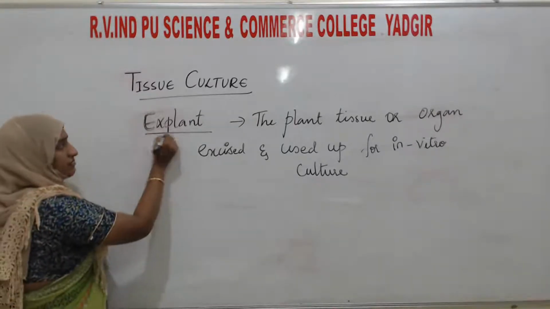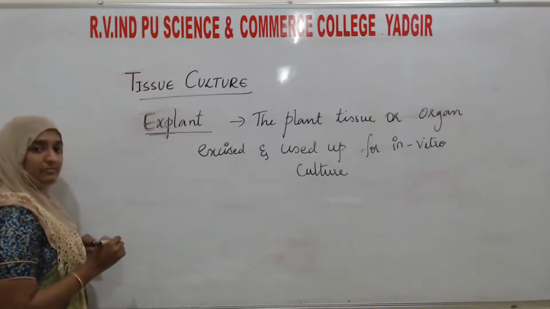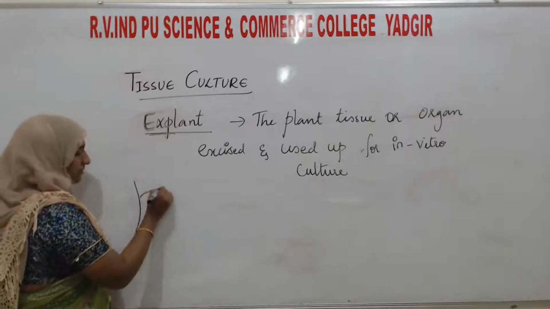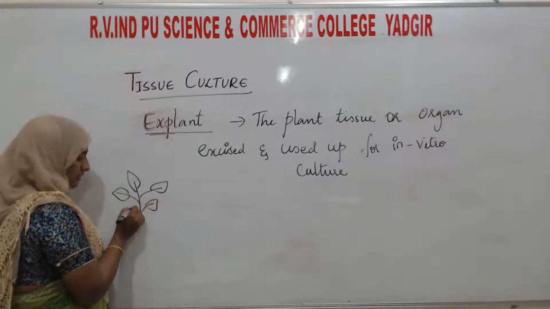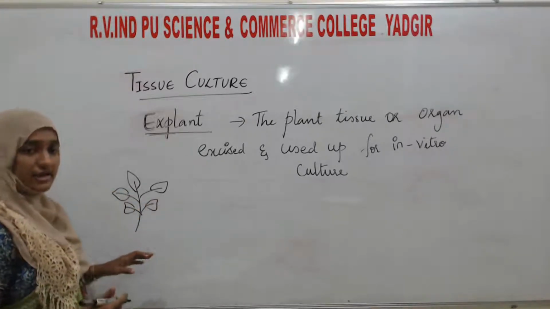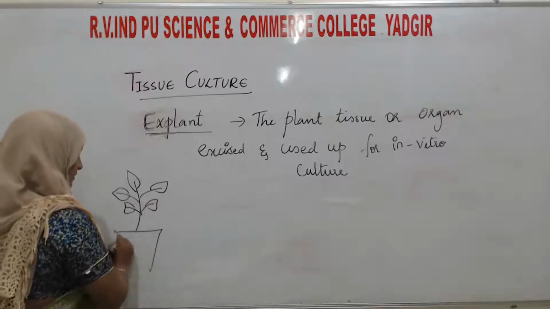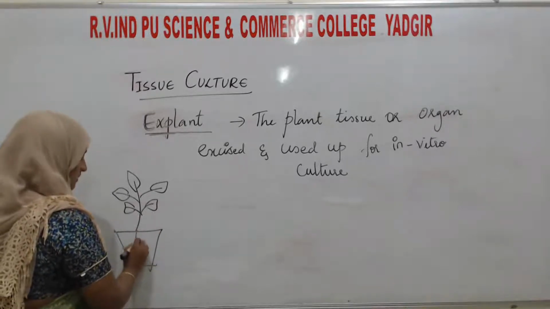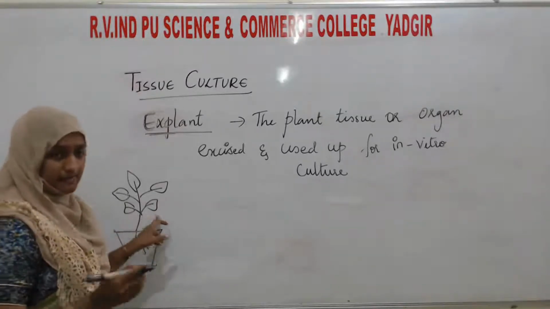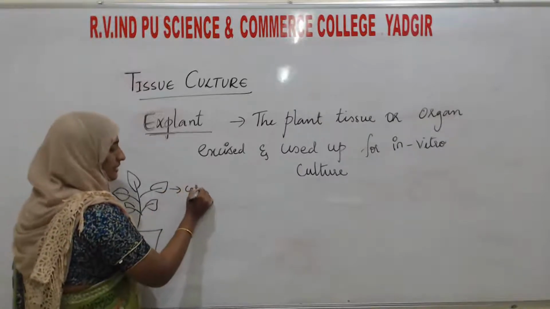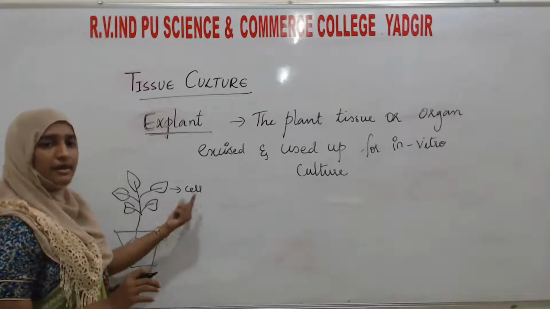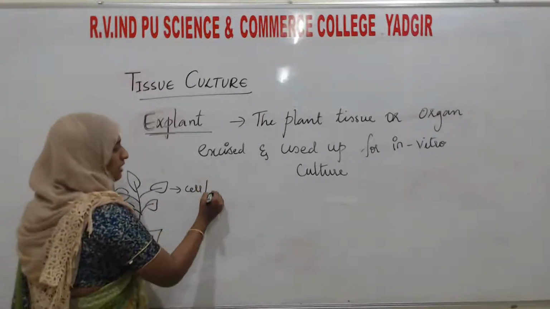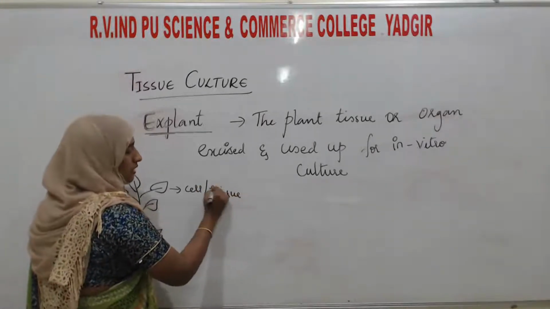What do you mean by this explant? See, for example, this is the plant. They will take any cell from the plant body, it may be a meristematic cell, a cell or tissue or organ.